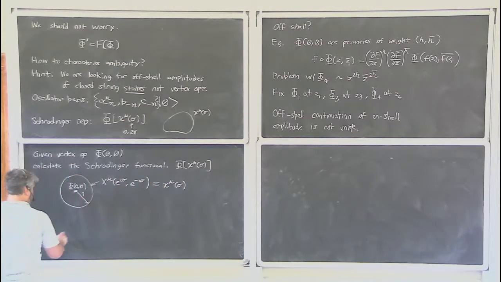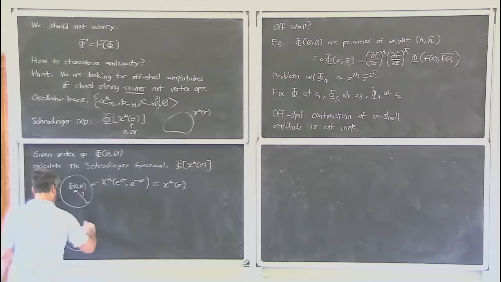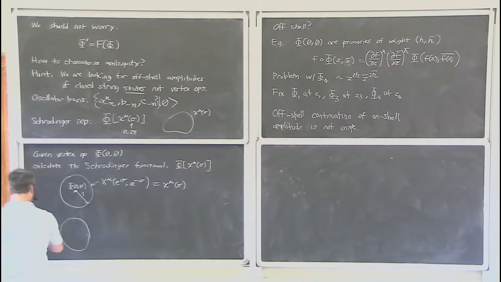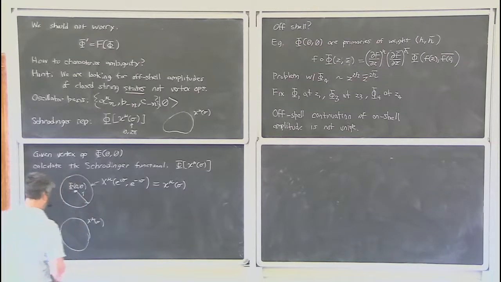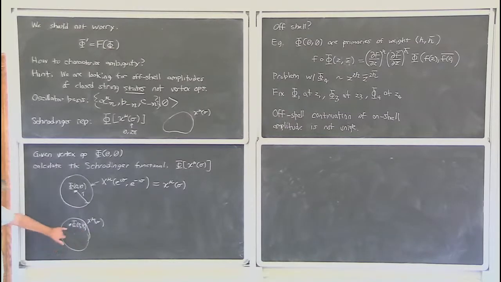So let me give you two examples. Suppose you consider a path integral on a unit disk with boundary conditions x mu of sigma, but where you displace your vertex operator from the origin. This path integral on this disk with this displaced operator will define a Schrodinger functional, so it defines a state.